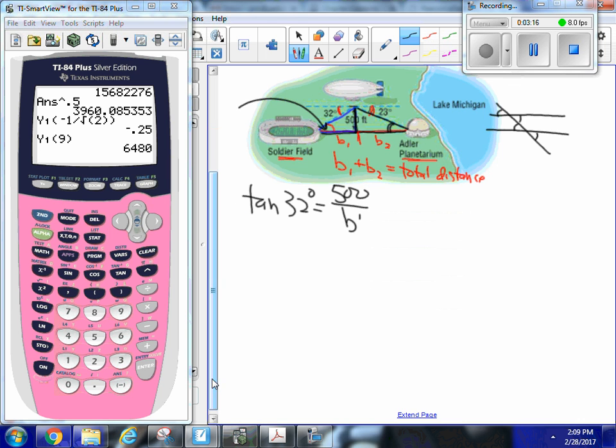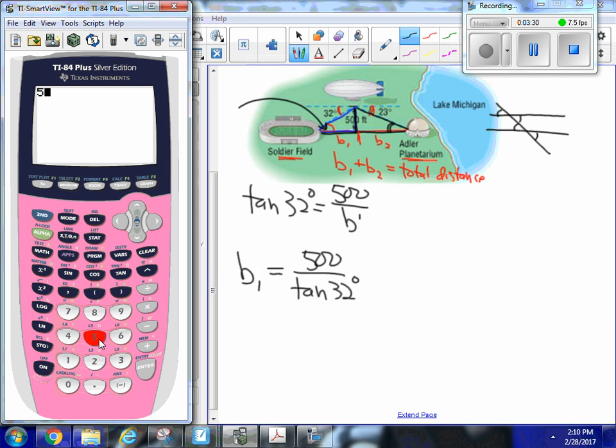That's the same thing as saying base sub 1 is equal to 500 divided by tangent 32 degrees. So let's go to the calculator. I say 500 divided by tangent 32, and I find out that's 800.17 feet. Let's just round it to 800 feet.